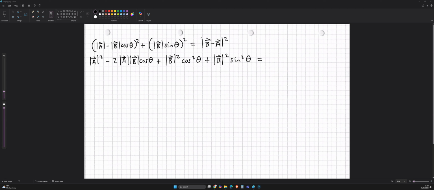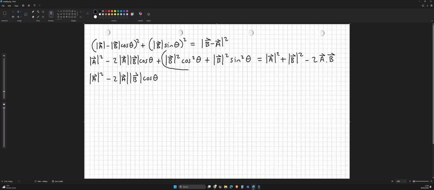We already expanded the magnitude of b minus a squared, and we know that that is the magnitude of a squared plus the magnitude of b squared minus 2 times the dot product of the vectors a and b. Now let's simplify further. On the left hand side we've got the magnitude of a squared minus 2 times the magnitude of a times the magnitude of b times cos theta.